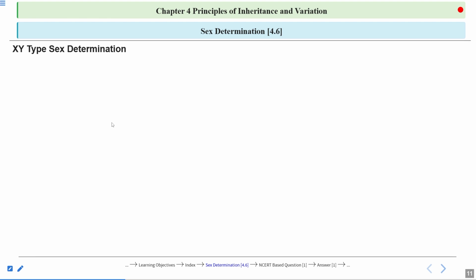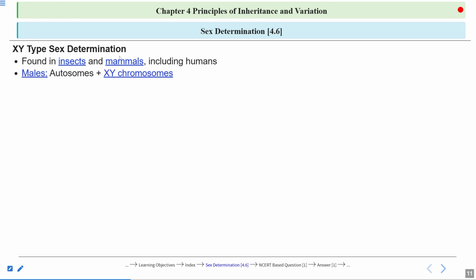Now let's talk about another system, which is XY type of sex determination system. So this is found in certain insects and mammals, including humans. In some of the insects, XX and X0 system is also present, but in other types of insects and mammals, XY type of sex determination system exists.